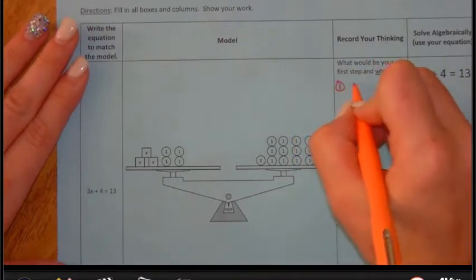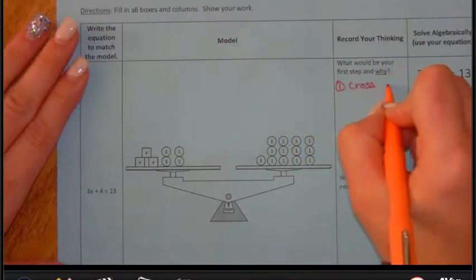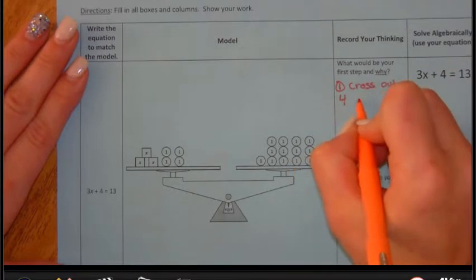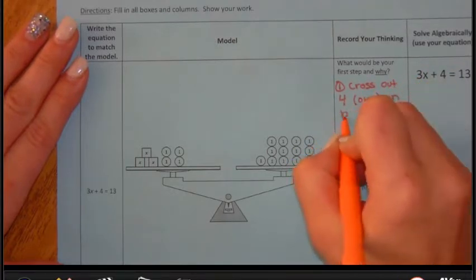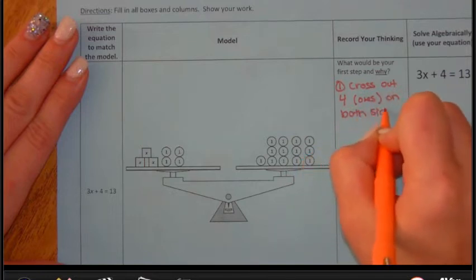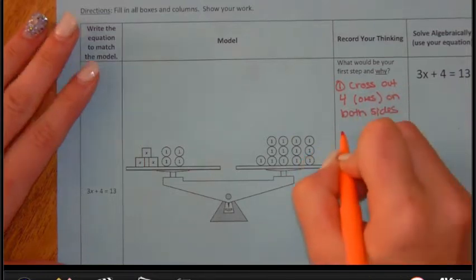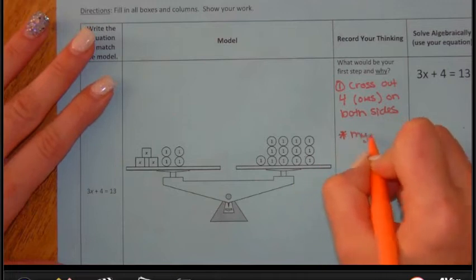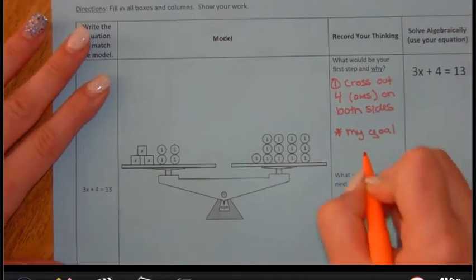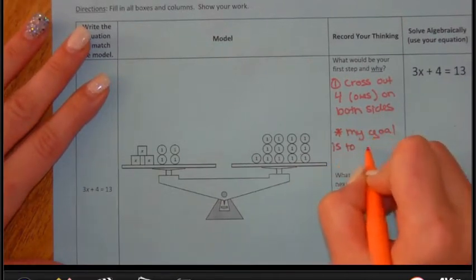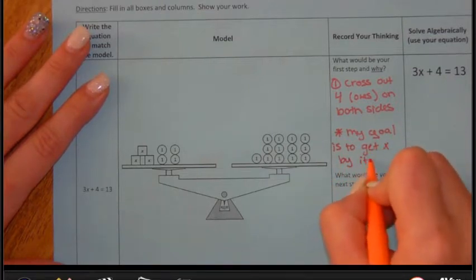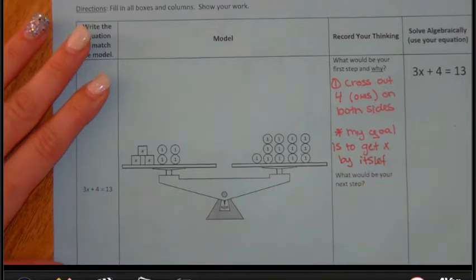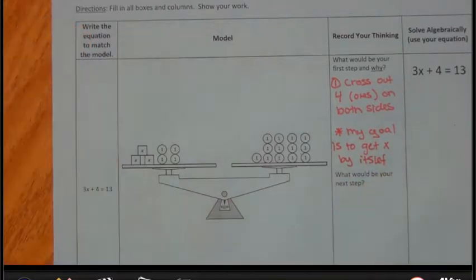Well, my first step would be to cross out 4 ones on both sides. Okay. And the reason for this is my goal is to get x by itself. Okay, so I'm going to cross off 4 coins on both sides.